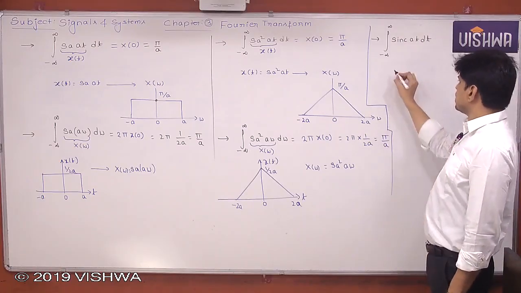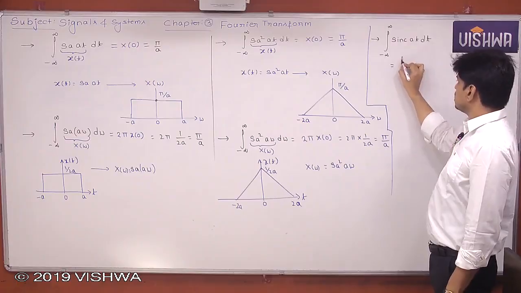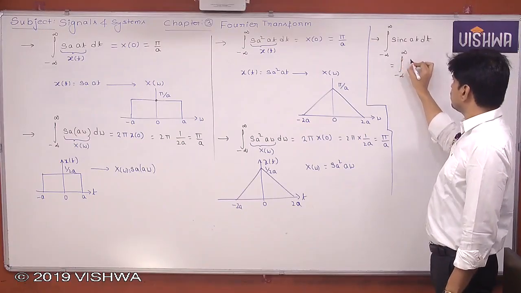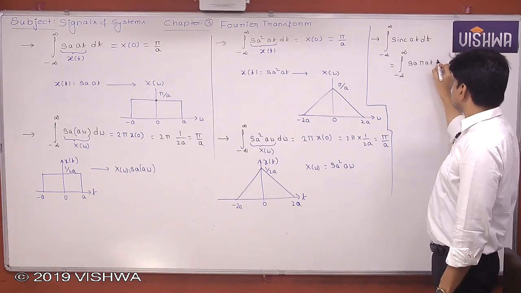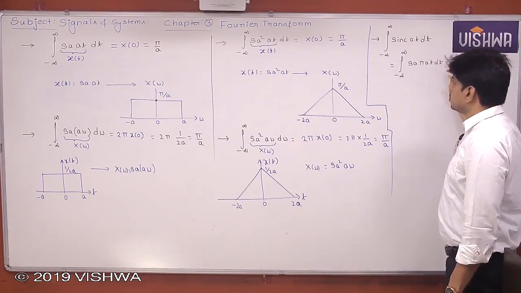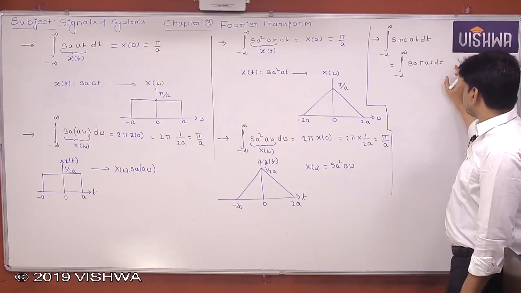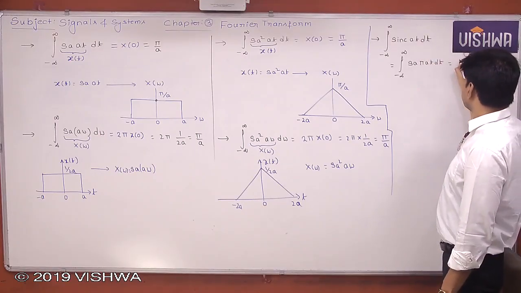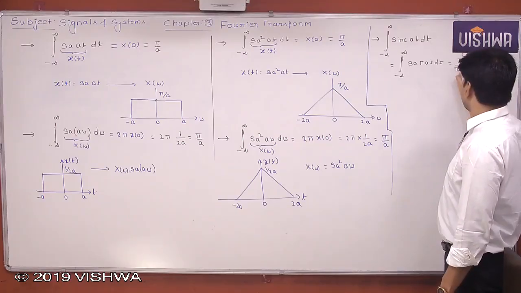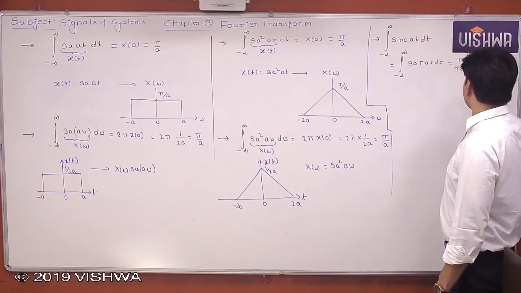This can be written as the integral minus infinity to infinity of sampling pi a t dt. Here it is going to be pi by a only, but in place of a we have pi a. So finally pi by pi a, pi gets cancelled, finally 1 by a.